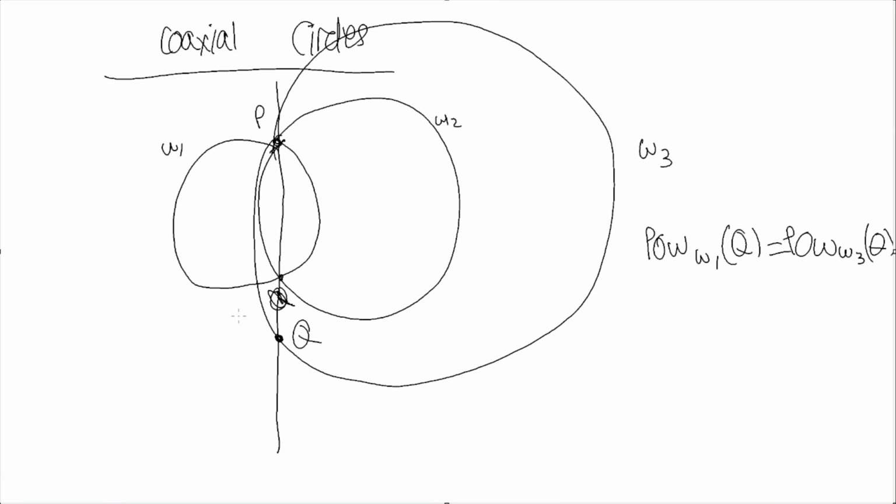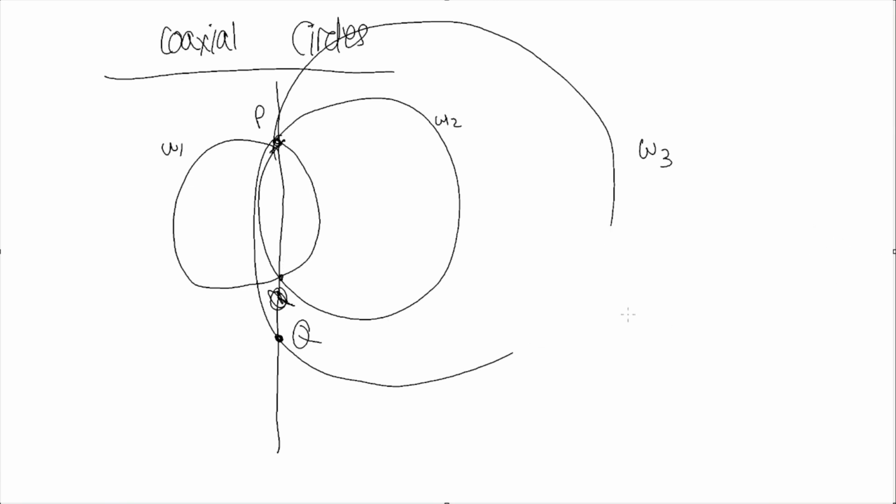However, Q lies on the circle omega 3, which means that this power is equal to 0. So the power of Q with respect to omega 1 is equal to 0, which means that Q lies on omega 1. And the only way for this to happen is if the three circles have a common point.